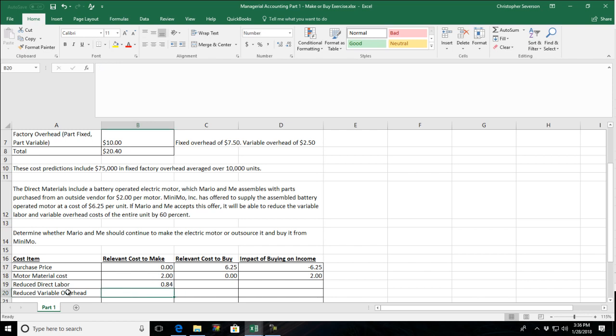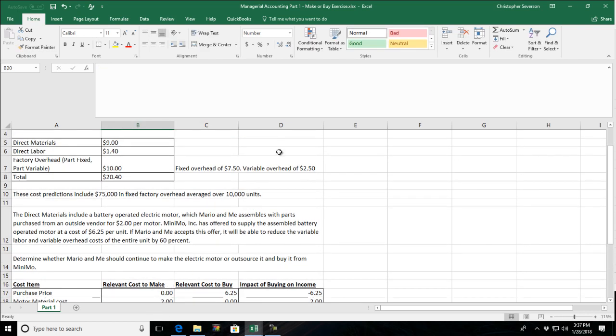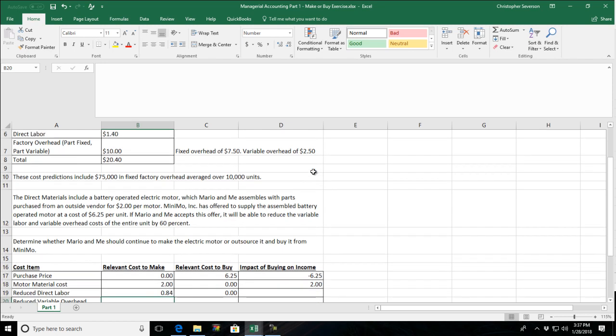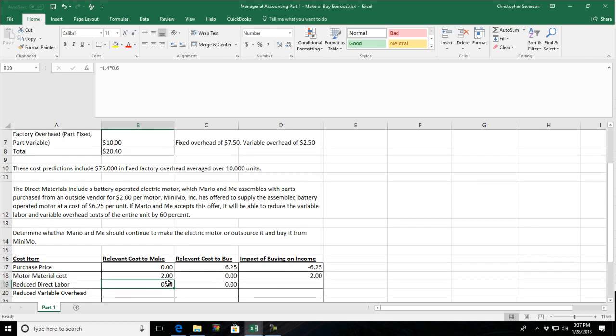The same thing applies to the variable overhead. By the way, for buying it's 0. With the variable overhead, that's why we had to break this out into $2.50. So with $2.50, we're saying that another 60% of that would be saved if we bought. Therefore, if we make it, it's not saved.